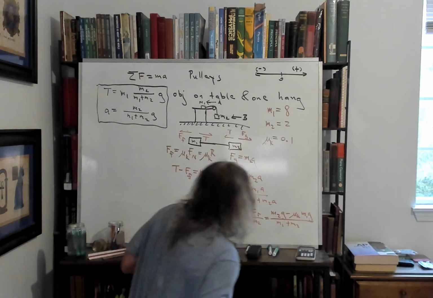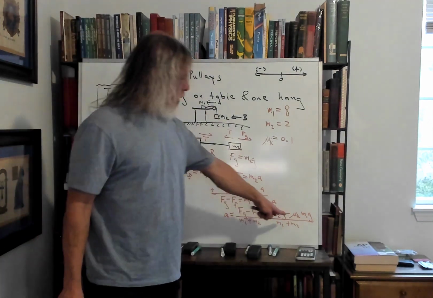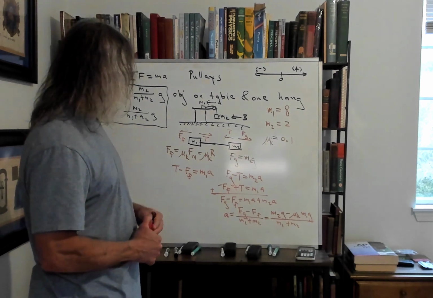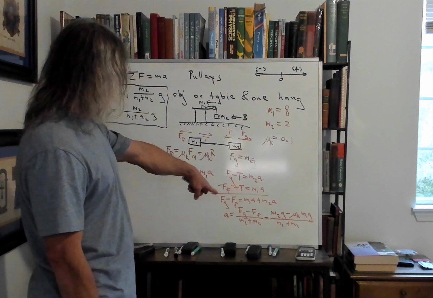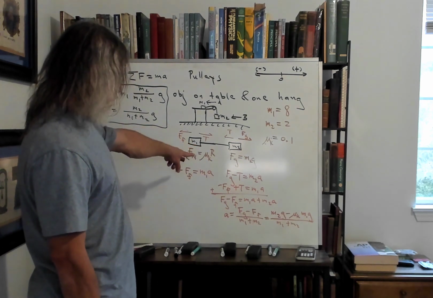Okay, so similar to before, we've got this little correction factor, and then if we solve it as before, m2 g, μ sub k m1 g.